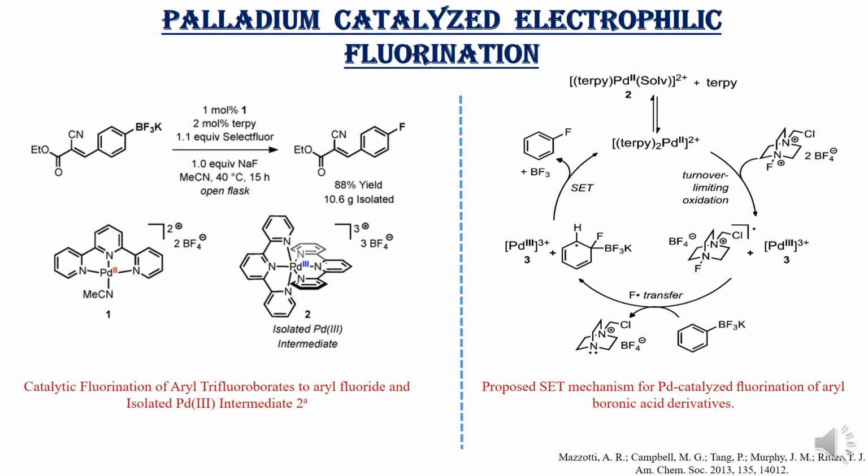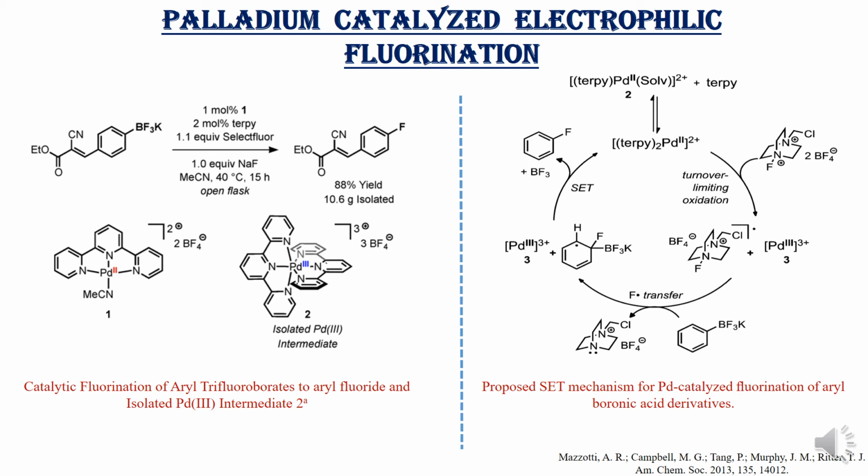This is the intermediate that is formed during this reaction, that is the platinum complex 2 to 3.